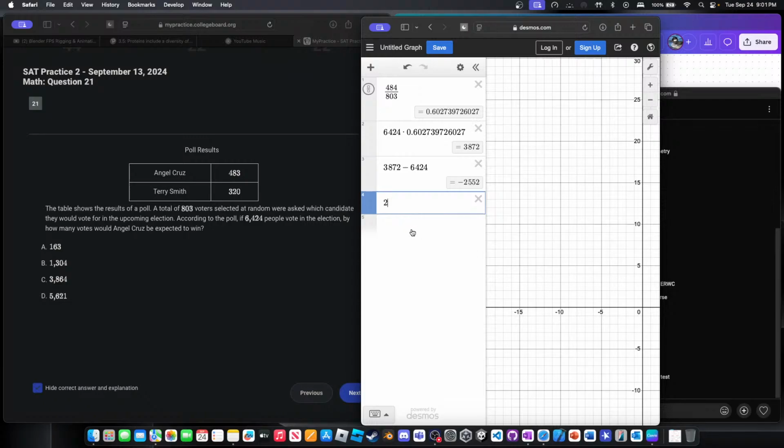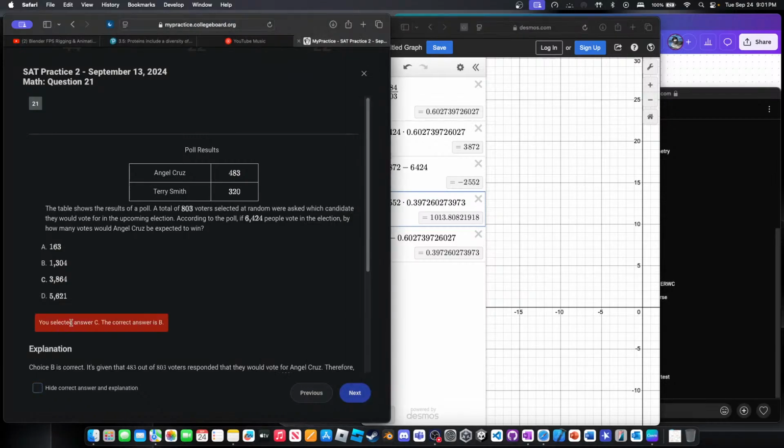So 2552. This would be the amount of voters that Terry Smith would have, by the way. So let's actually do this real quick. So 1 minus 6 point this. Let's copy this value here. Times would be 1013. So it's either B or C here. Let's see what I chose. I chose C. Answer is B.